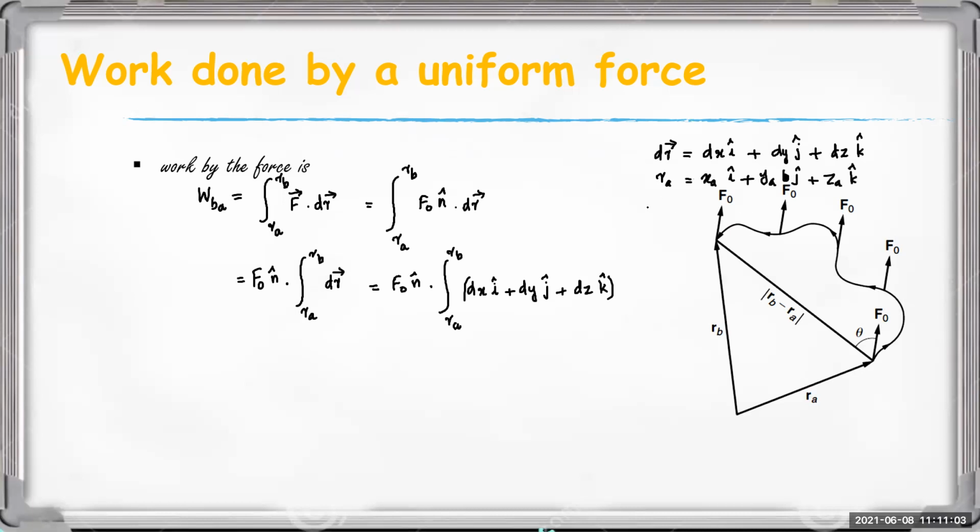And similarly RB is XB i plus YB j plus ZB k. Okay, then here we have to separate the integral into 3 dimensions.